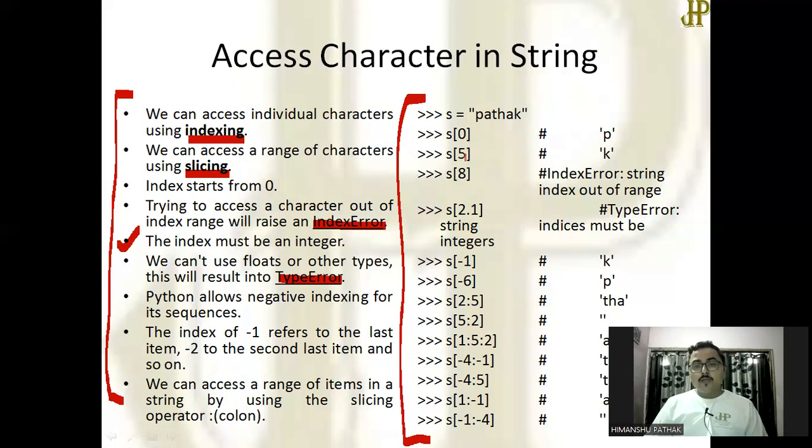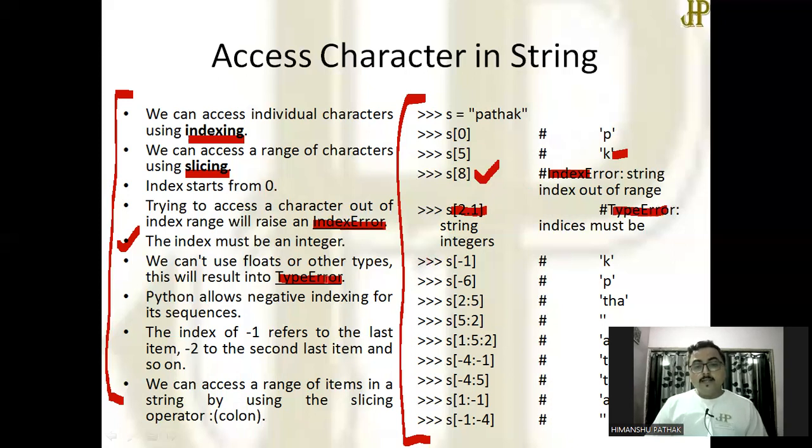S of 5 will print the last character of the string, K. Now I am going to try an out-of-range index, S of 8, and S of 8 is nowhere. So an index error will be shown. Again, other than an integer, we cannot use anything as an index. So I'm going to try 2.1. Again, it will give a type error exception.